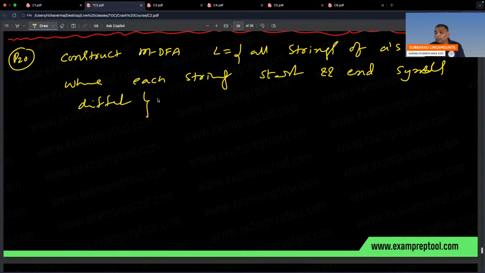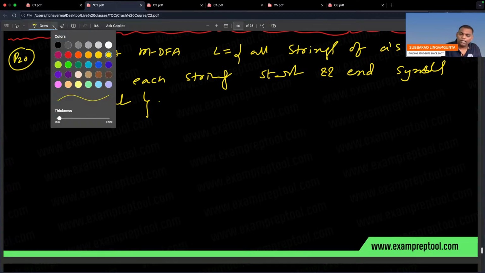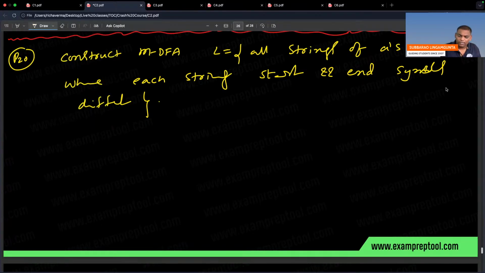Starting and ending symbols different. First understand the problem. This kind of question you can expect in the exam. Starting and ending symbols are different. All strings are A's and B's, starting and ending should be different. First understand by writing the language: AB, BA.